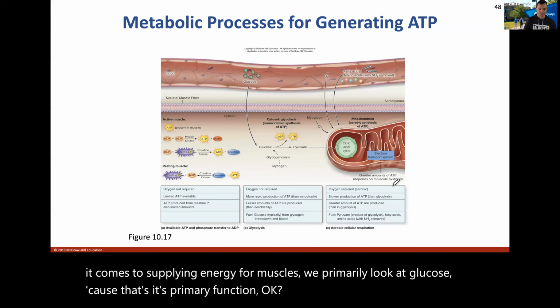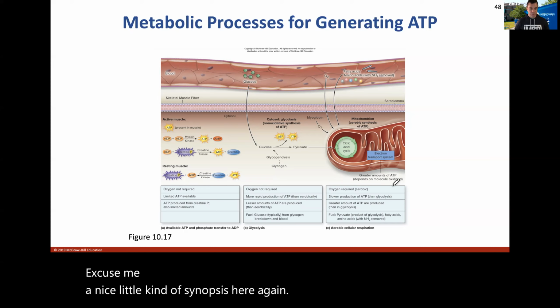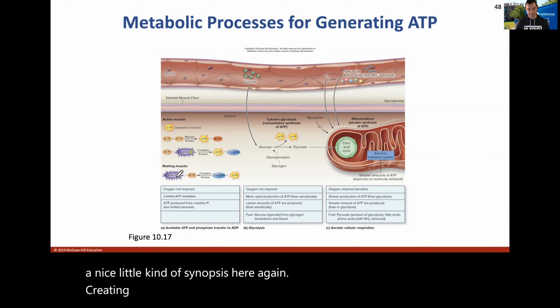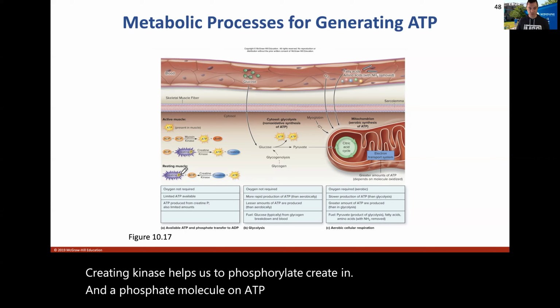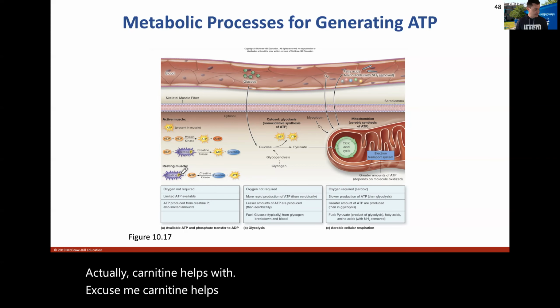And here's a nice little synopsis. Again, creatine kinase helps us to phosphorylate creatine and a phosphate molecule onto ATP. Carnitine works in that fashion as well. Actually, carnitine helps with facilitating fatty acid chains from the cytoplasm into the mitochondria.